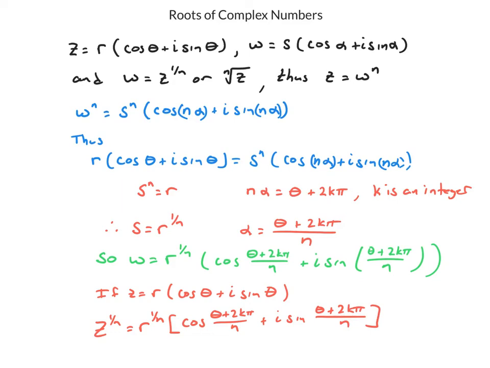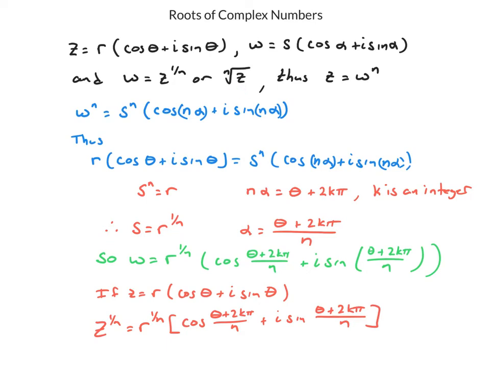Now, because we're working on identifying the roots of a complex number, we're going to put in one other relationship, and that is that w is the nth root of z. So w equals z to the 1/n, or the nth root of z.